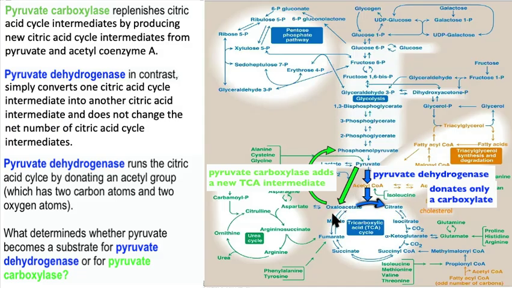But let's say you've been running gluconeogenesis because you're starving and you have very few numbers of each citric acid cycle intermediate left. Well, you can run it, but you're going to have trouble running it on so few intermediates. You need more intermediates. And the way you can do that is by taking something that is not a citric acid cycle intermediate, adding a carbon and making a citric acid cycle intermediate.